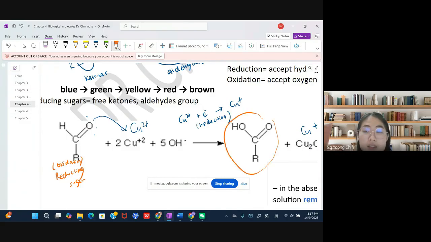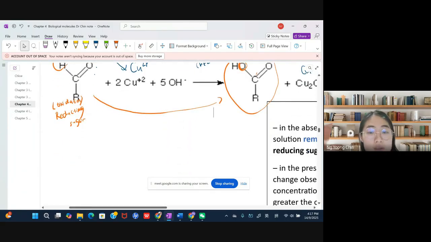You can see there is an addition of the oxygens here. That means they undergo oxidation here.